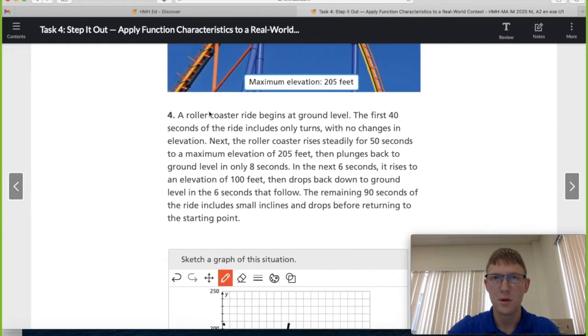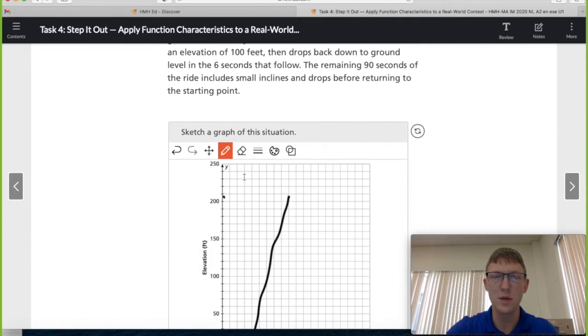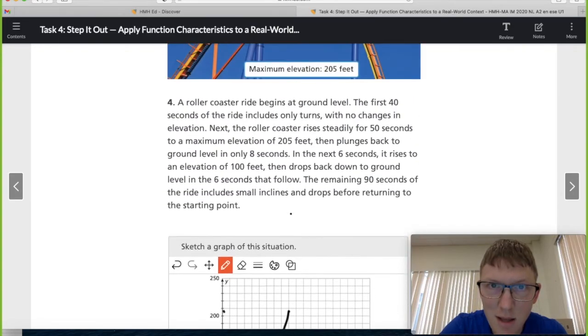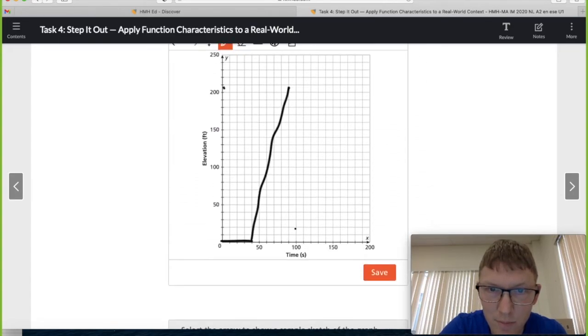Okay, and then it plunges back to the ground level in only 8 seconds. So this is 90 seconds, and this is 100 seconds. And it said 8 seconds? So it's coming all the way back down here, and we might need to round a little bit.